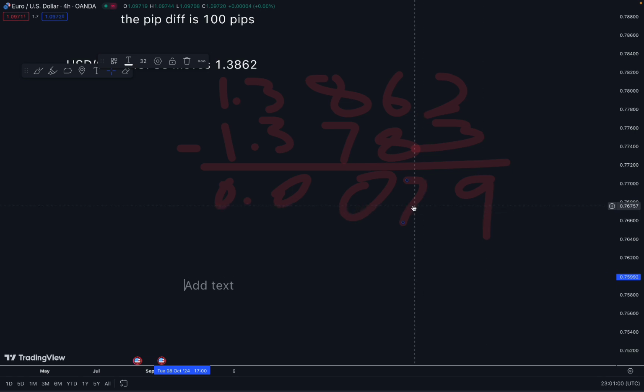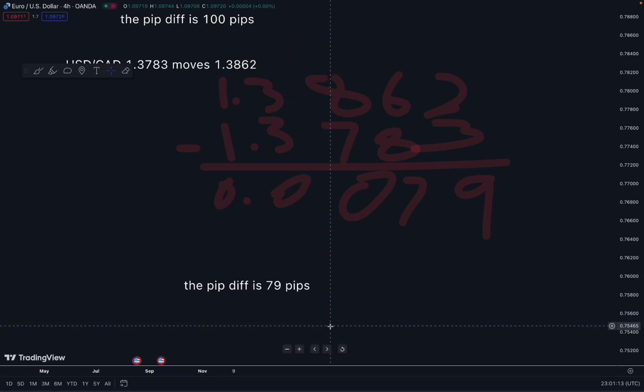Because this 7 is in our tens, that means the pip difference is 79 pips. So the pip difference is 79 pips.